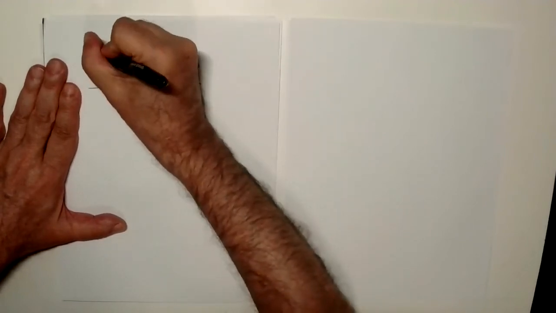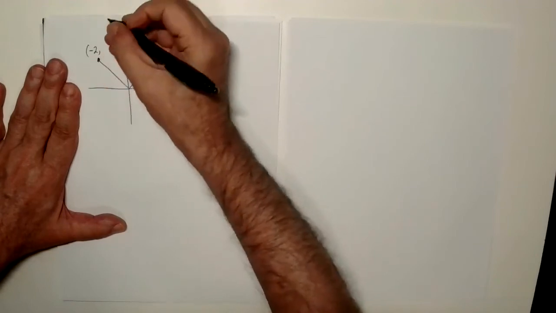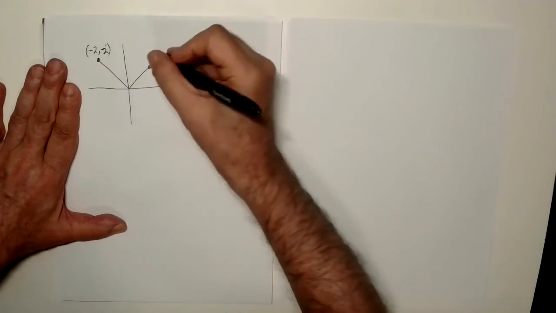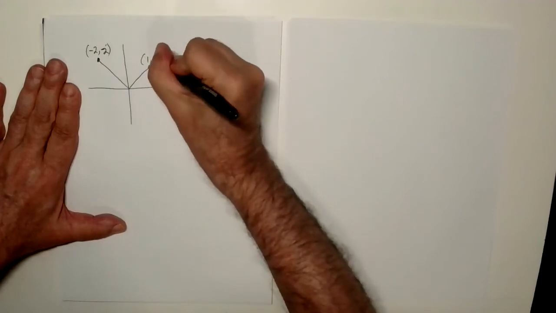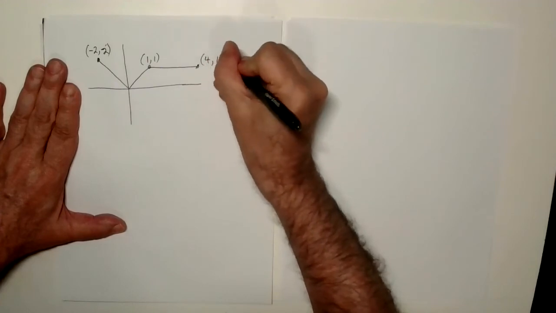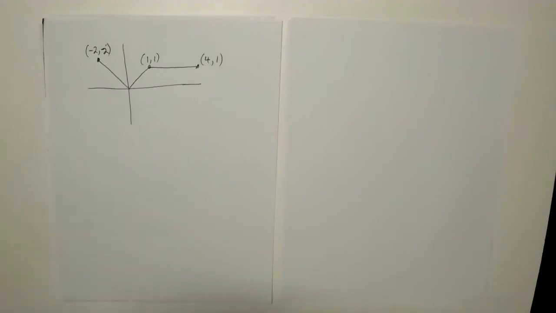So let's make this the point (-2, -2, 2)... Let's make this the point (1, 1), and make this the point (4, 1). Okay, so that's the graph of a function. And what I'd like to do is figure out what's the domain and what's the range.